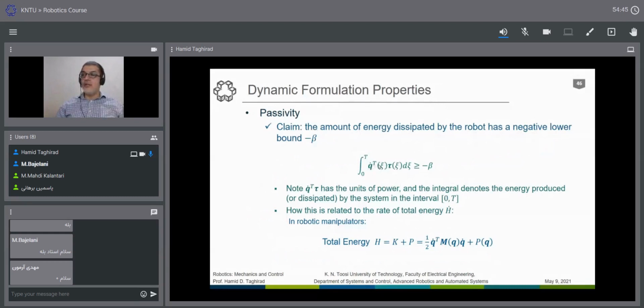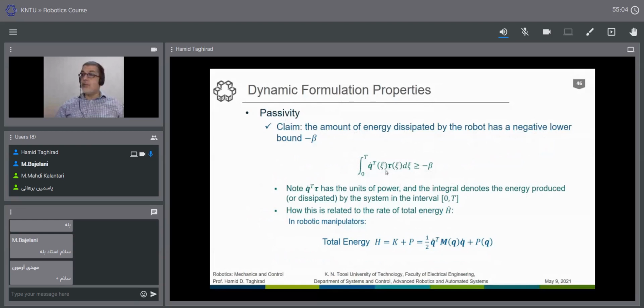Passivity means that the integral of q̇ times τ, for any integral, is greater than a negative number. Minus β is a negative number.